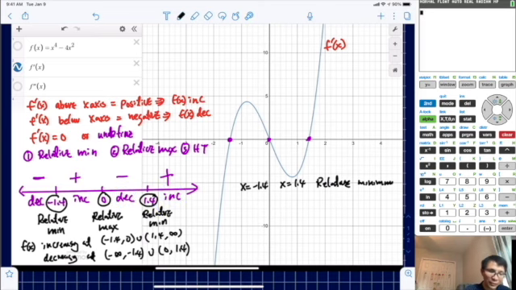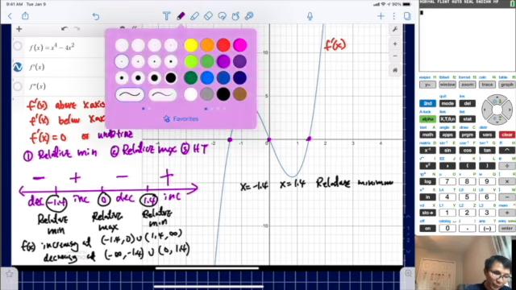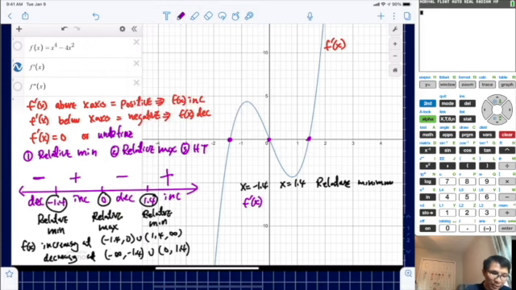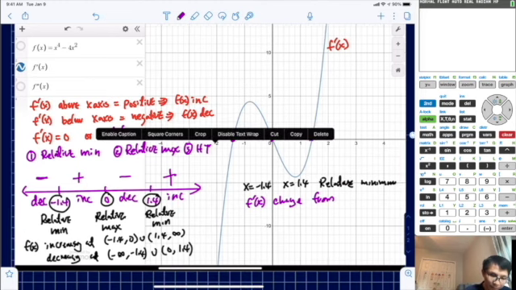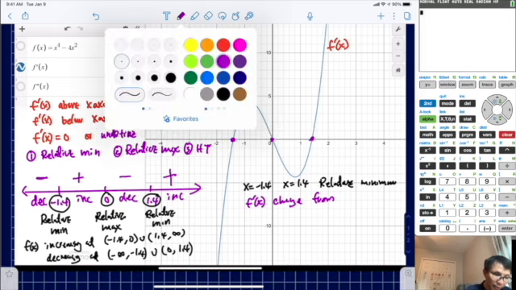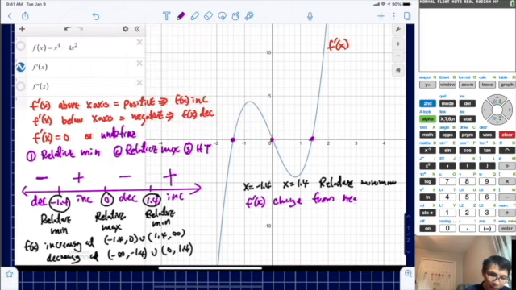So how do you justify? If the AP exam wants you to justify, you're going to write like this: f prime of x changes from negative to positive at x equal to negative 1.4 and x equal to 1.4.